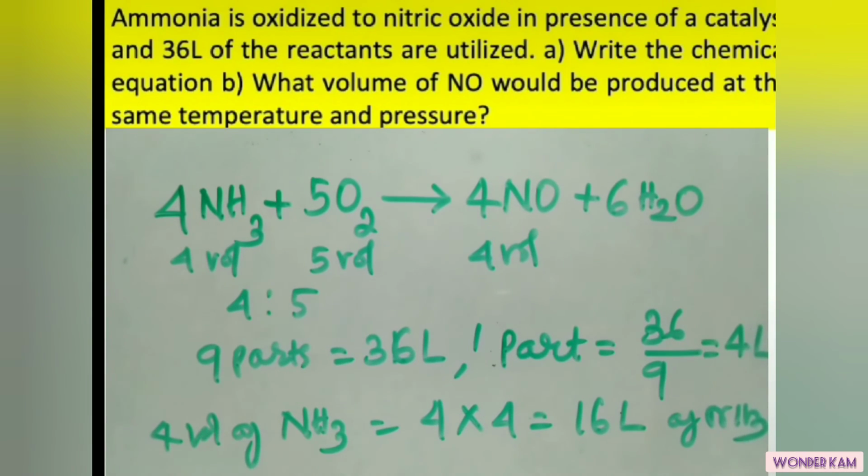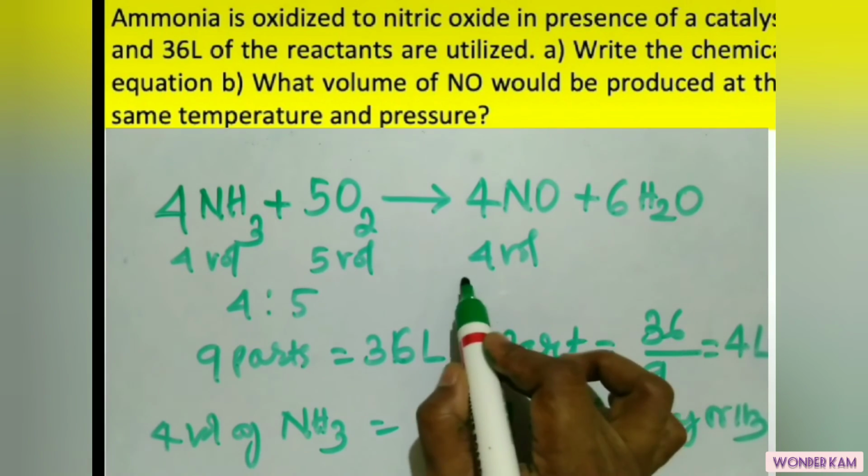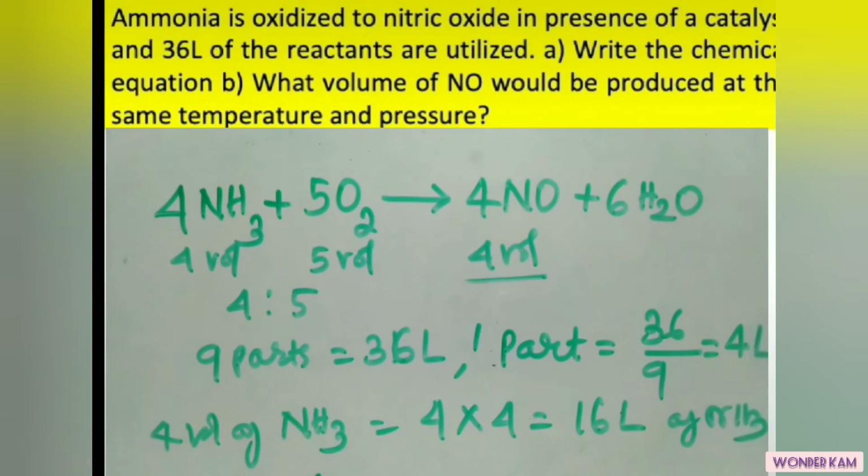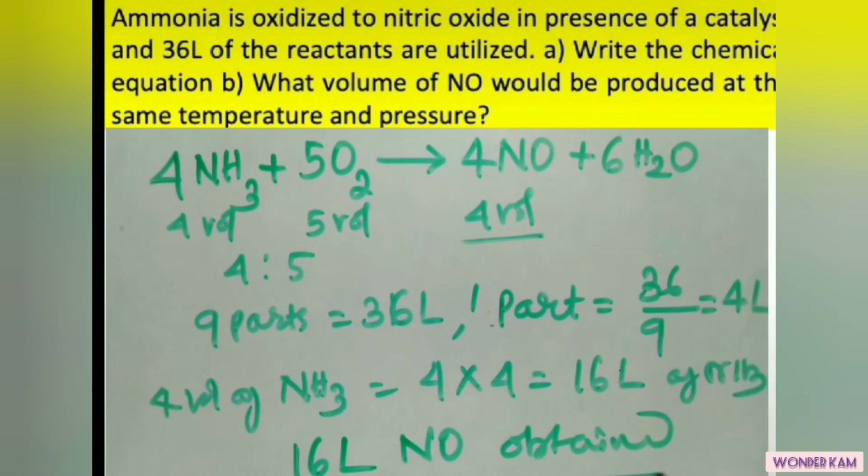Similarly for oxygen, but here we want to calculate for nitric oxide. This is also 4 volumes, that means 16 liters of nitric oxide would be obtained from 36 liters of the reactants. So this is the final answer for this problem.